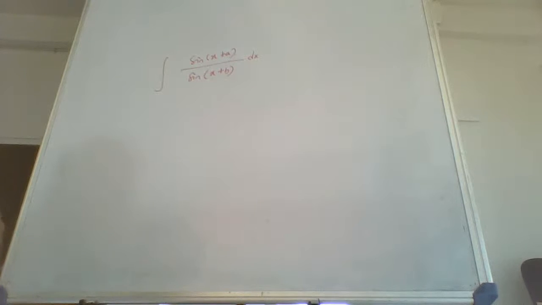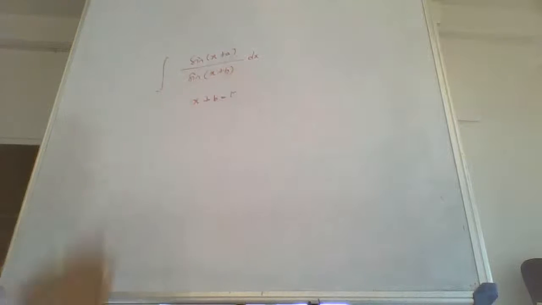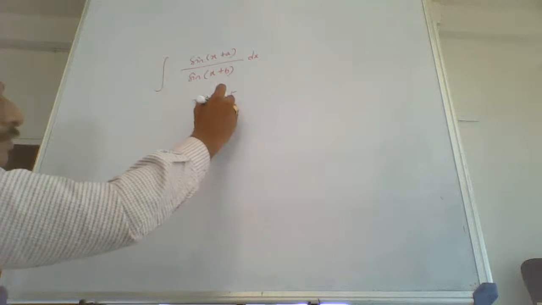Now, if you see, I can put any of the terms as t. Let us put x plus b as t. So dx will be dt.